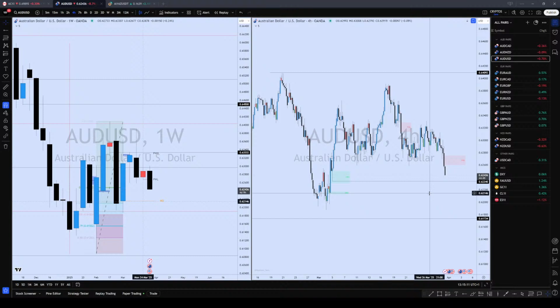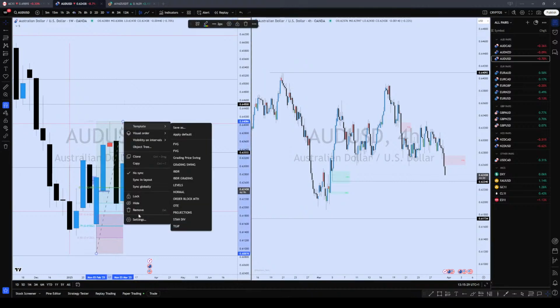Watch that level because I think when we get there, something will happen. And I like the fact that the week has started and they're moving lower first. We had a previous week raid.